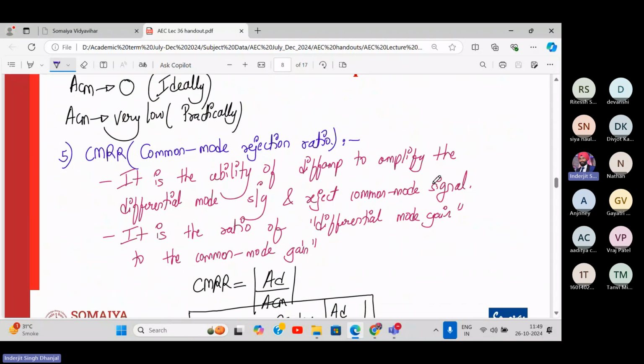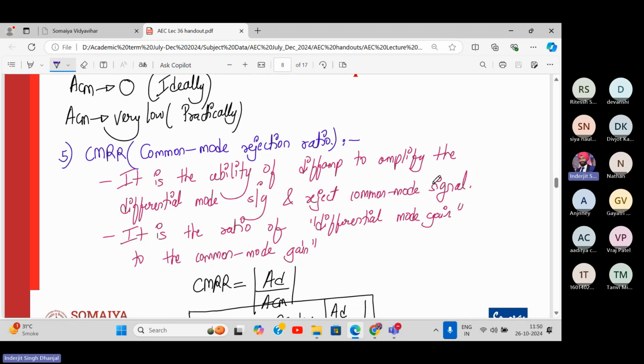The significance of CMRR is that it will distinguish between a very good differential amplifier and a bad differential amplifier. A good differential amplifier will amplify the difference between the two inputs and will reduce the noise signal as much as possible.